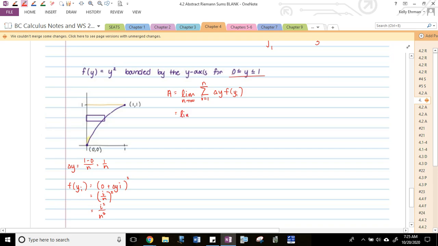So we have the limit as n approaches infinity of the sum from i equals 1 to n. Delta y is 1 over n. f of y sub i is i squared over n squared. I'm going to drop the summation notation, but keep the limit notation.